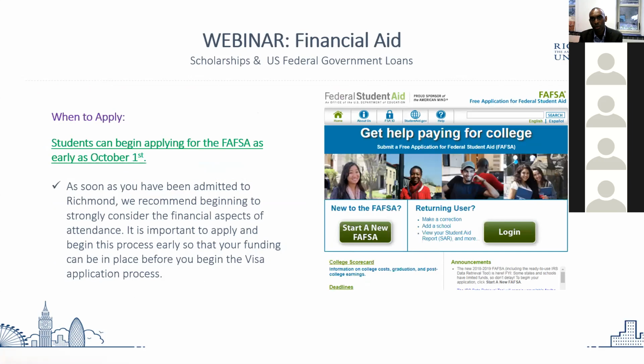Also, in terms of FAFSA, you might know that a couple of years ago, I believe, they made it possible for students to apply for FAFSA from October 1st. In previous years, you had to wait till January, but now from October 1st you could apply quite early and start the process early. You don't necessarily have to wait for January.